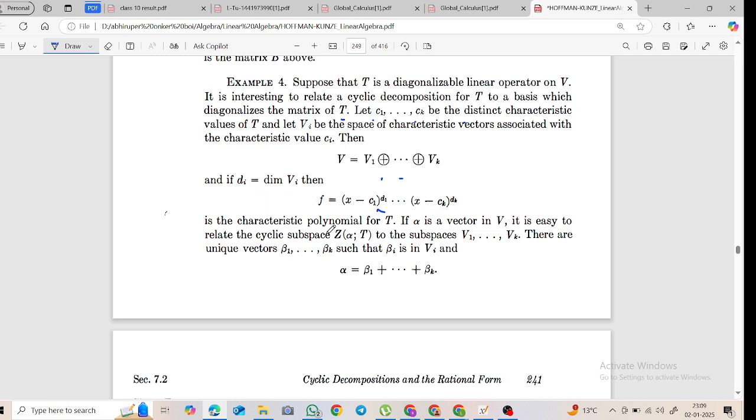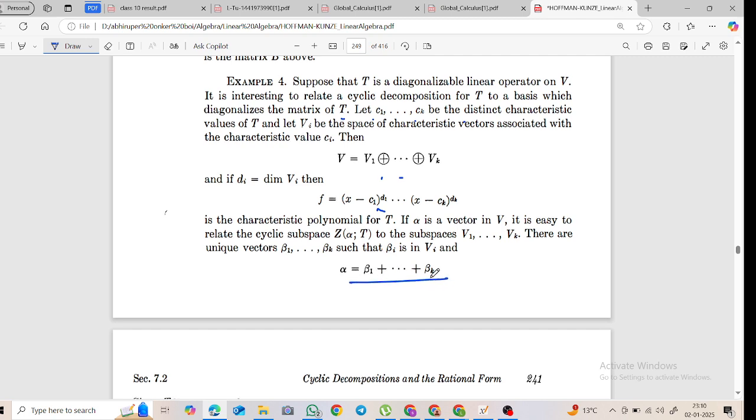Now we have seen in one of the exercises of the previous section that this is a cyclic vector, right?